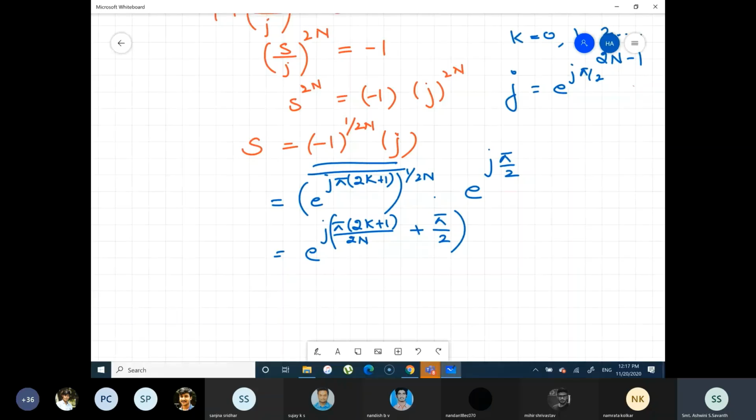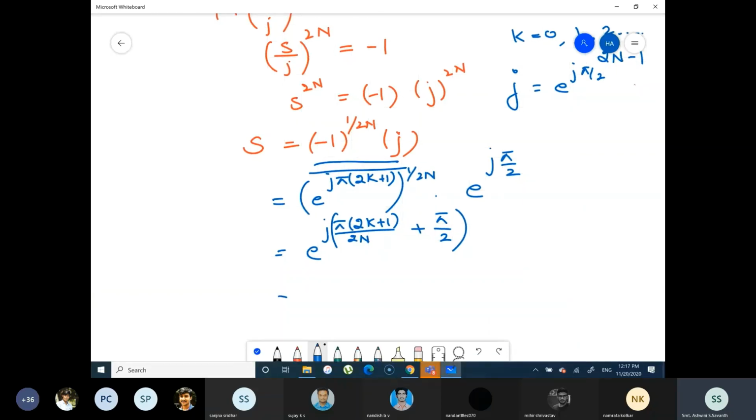Okay, further we can simplify this and write it as e to the power j into 2k pi by 2n, that is pi k by n plus pi by 2n plus pi by 2 plus pi by 2.